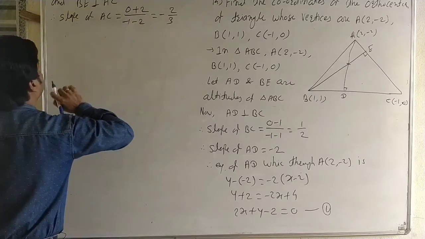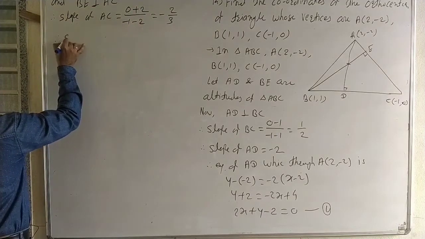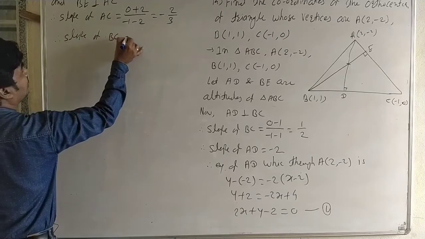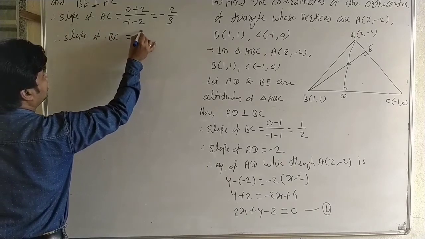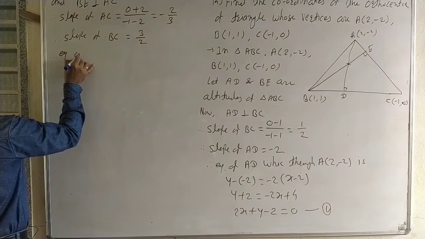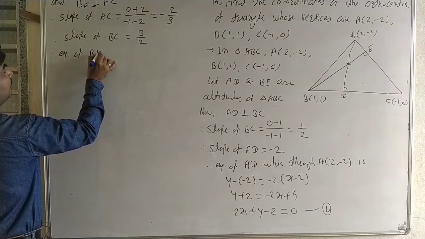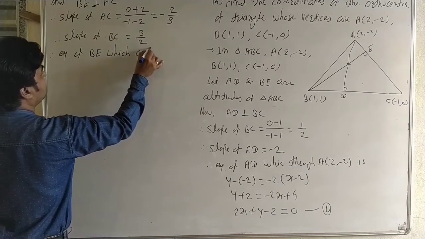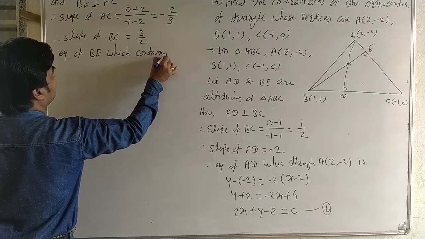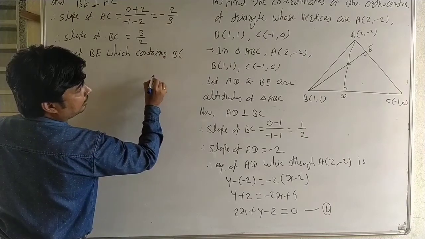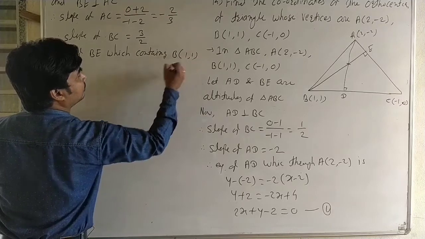Therefore the slope of BE is 3 by 2. So the equation of BE, which passes through B, that is (1, 1).